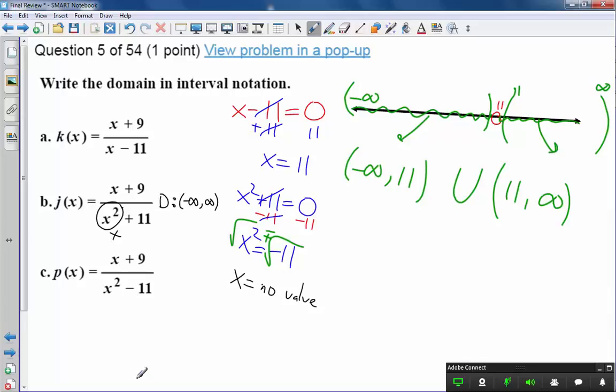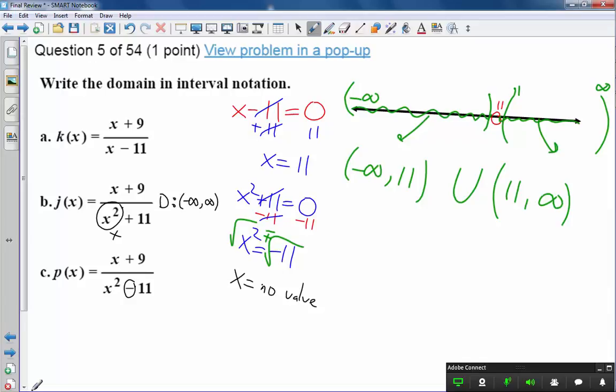Alright, oh, we have a square here as well, so I will go ahead and say domain is all real numbers again, right? Now the story is different this time. There's a minus. This is going to be positive, yeah, sure. But if you subtract 11, positive things can be 0 when you subtract 11.